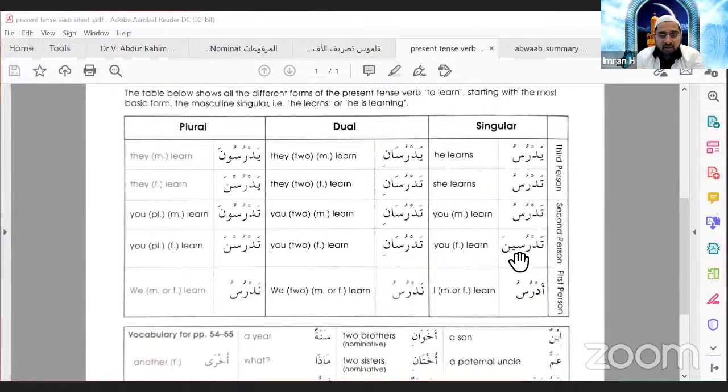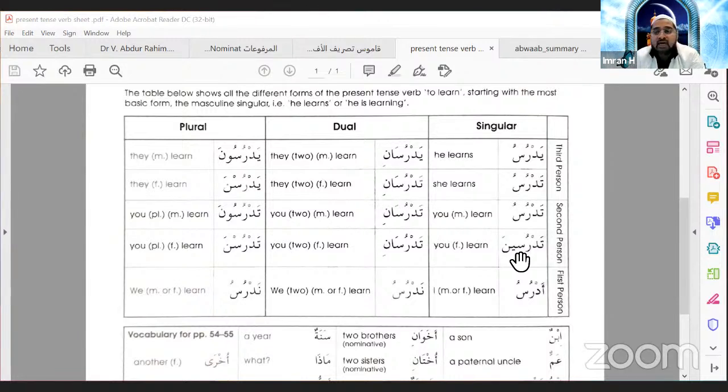Then the next three, tadrusina, tadrusani, tadrusna. Now here, tadrusina, you add a ya and noon, and the sin, which had a dhamma, is given a kasra because of the suitability of the harakat for the ya. So whenever there is a ya, the letter previous to the ya should have a kasra.